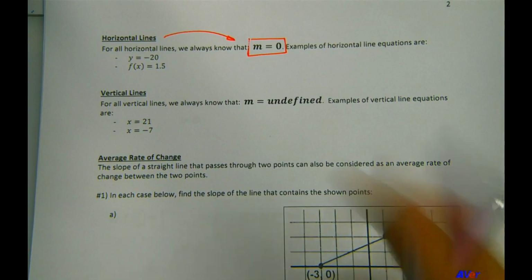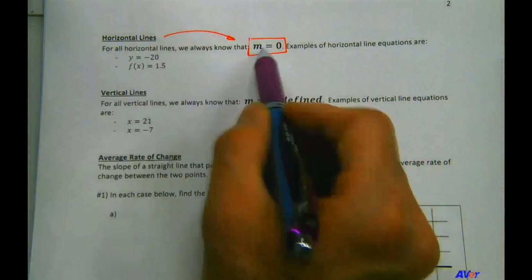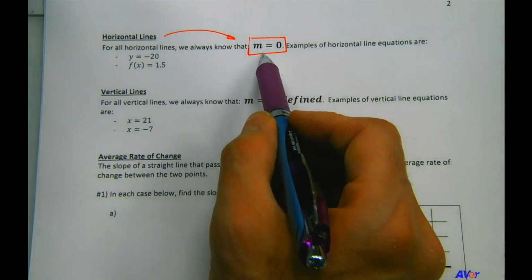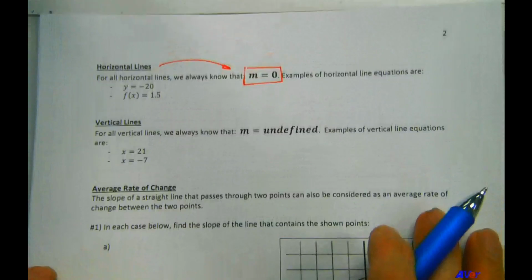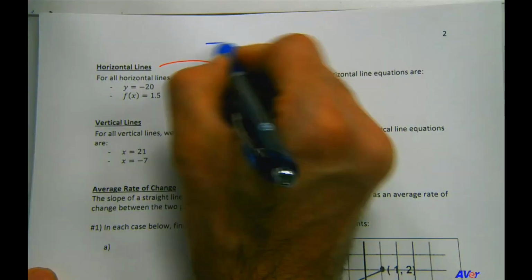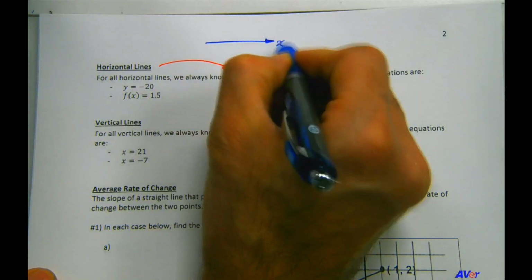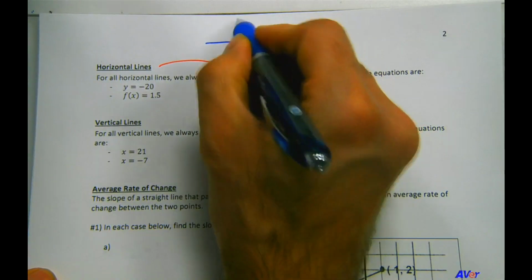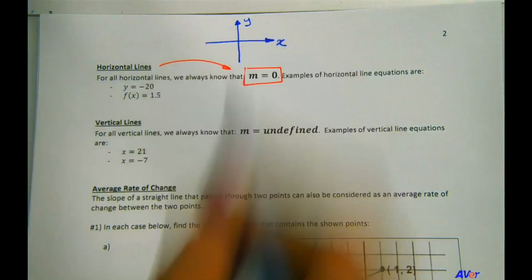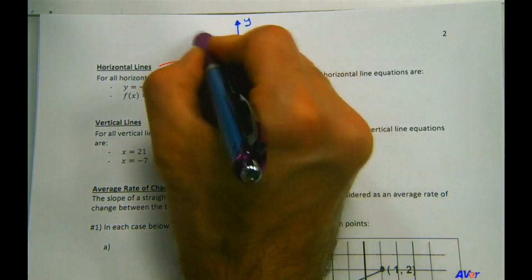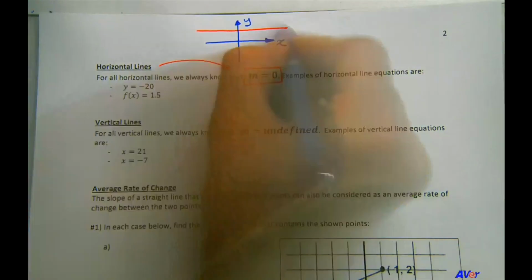So the slope of a horizontal line is always 0. You might wonder, how is that? Well, let's draw a little figure here to show why. Suppose we have the x and y coordinates, and suppose we have this horizontal line going like that.